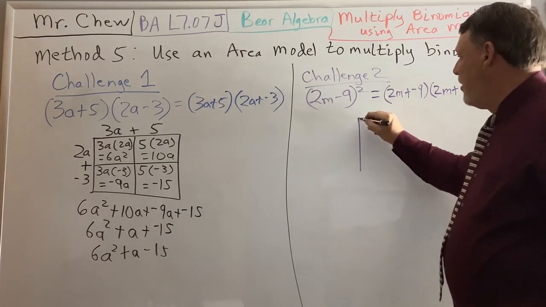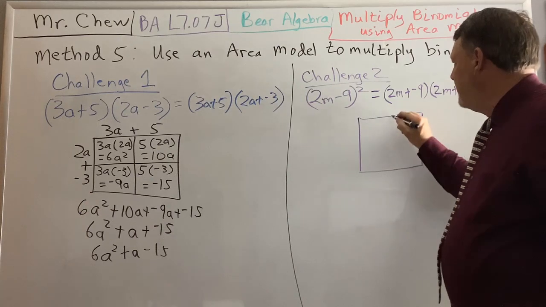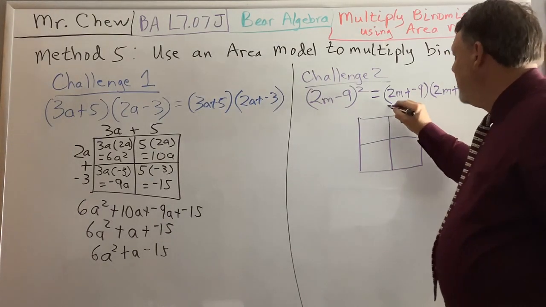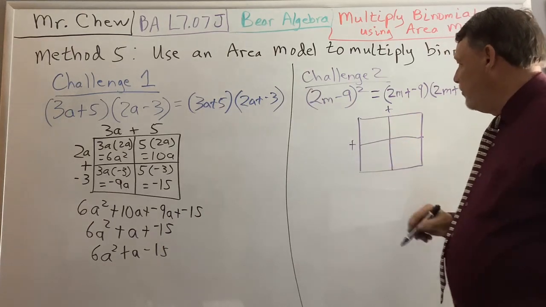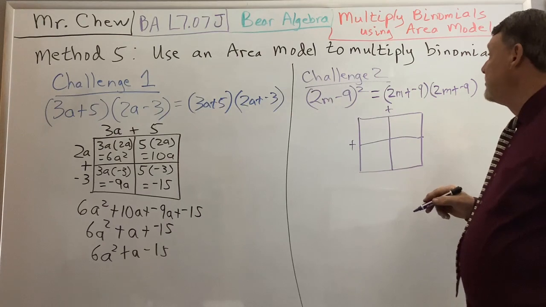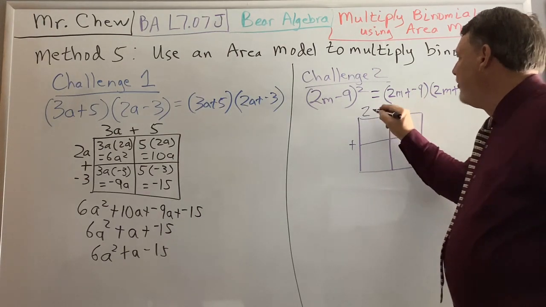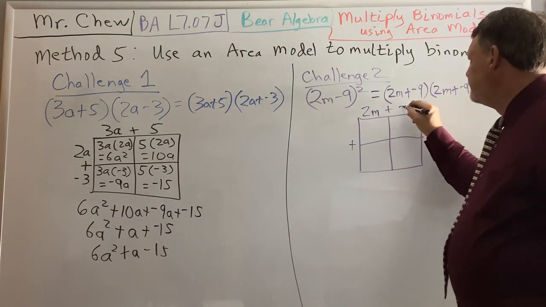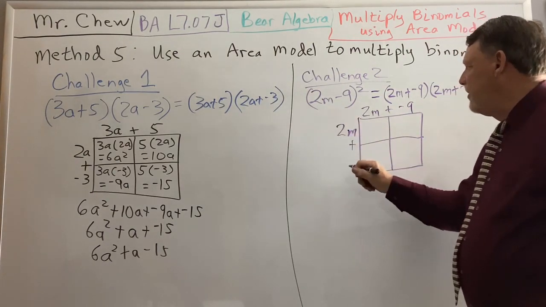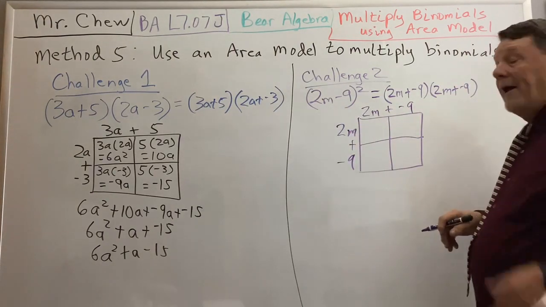Now we do what? We draw a rectangle, divide it into 4 smaller rectangles, put our plus signs where the lines come up and meet, the vertical and horizontal. Then I write my first binomial along the top and the second binomial along the left side vertically.